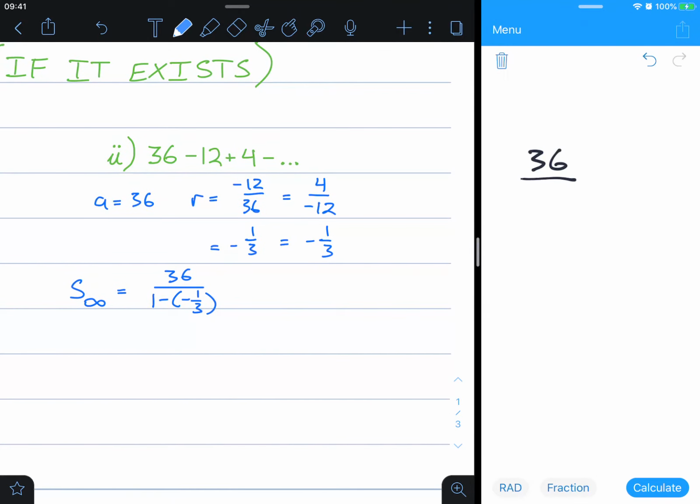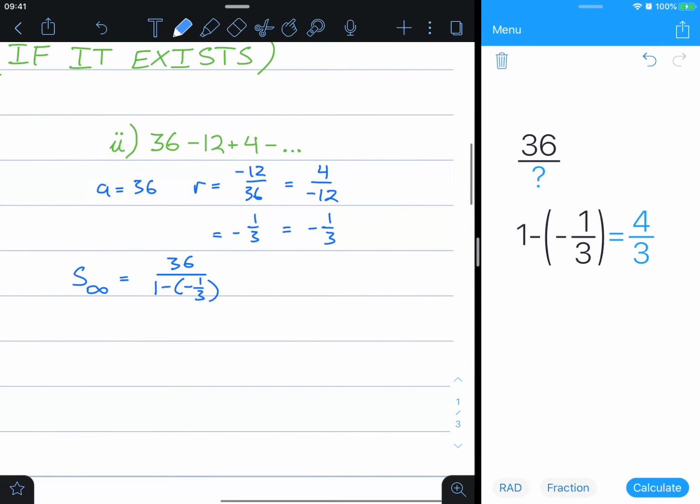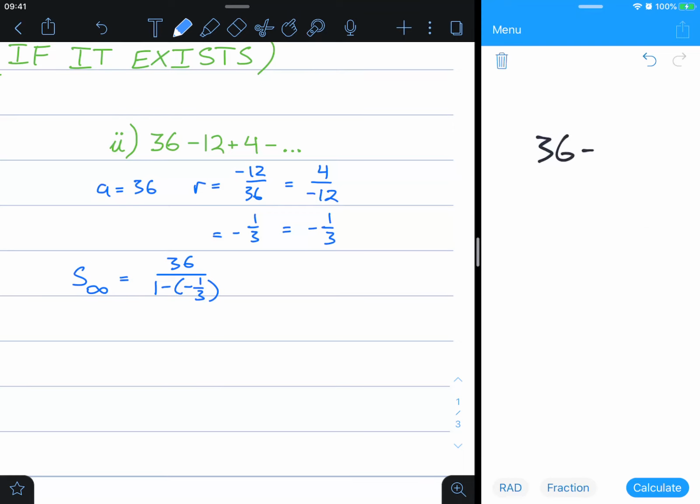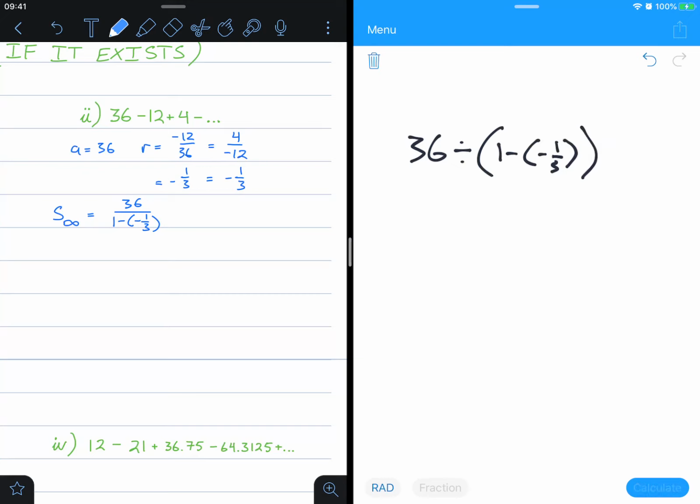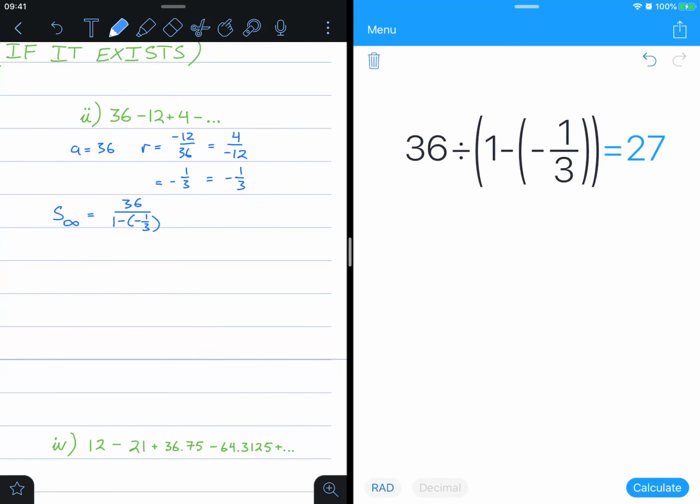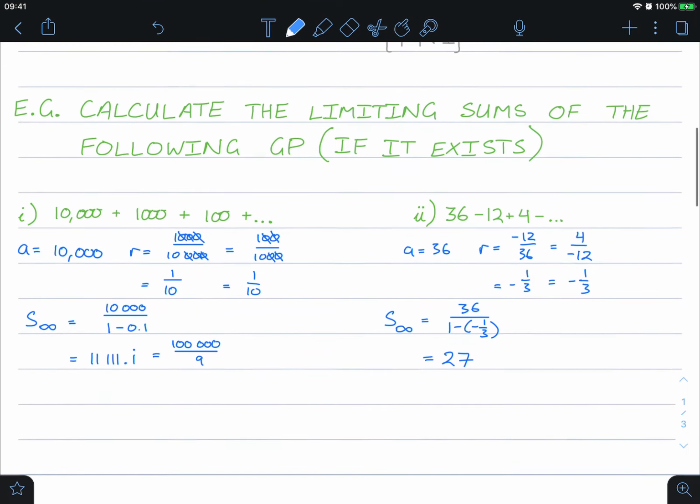Using a calculator, 36 divided by 1 minus negative a third. That's equal to 27. So I hope that's nice and simple enough.